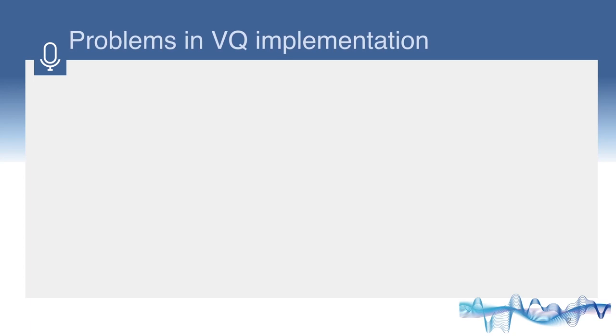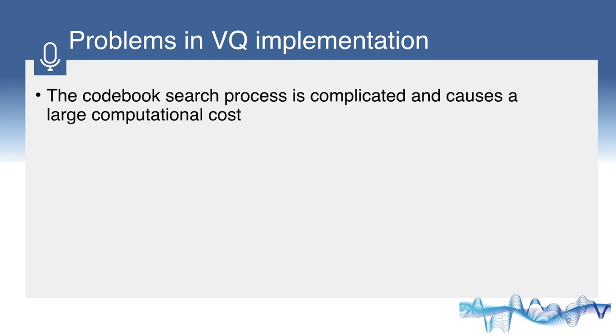VQ can achieve significant coding gains over scalar quantization, but at a price. There are some problems in VQ implementation. The codebook search process is complicated and causes a large computational cost.